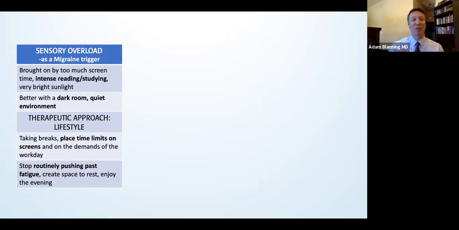Sleep is a very good way, of course, for us to nourish and rebalance our nerve sense system. But besides having to go in a dark room and a quiet environment and sleep, we can just encourage people to stop routinely pushing past the point of fatigue, to create more rest, again, to enjoy the evening.